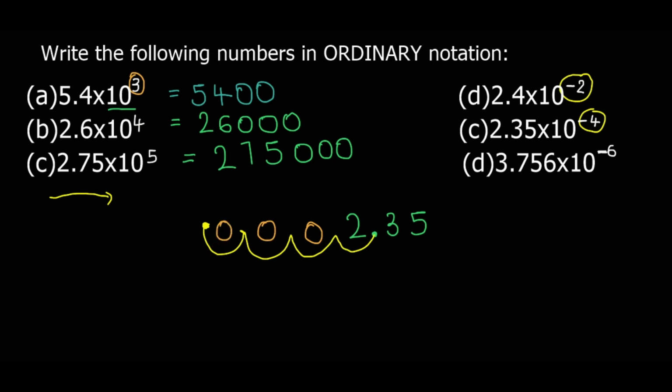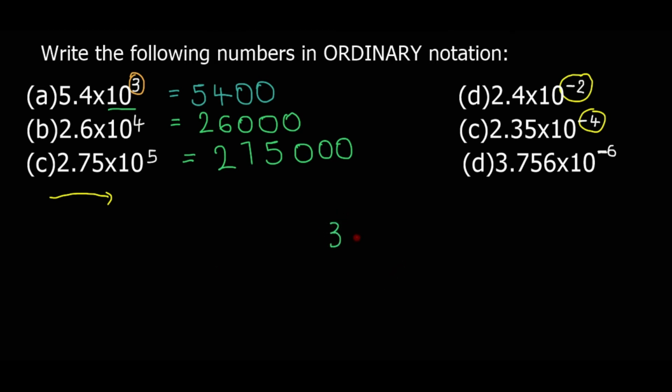This means we will have 0.0002335. So you can just add 0 at the beginning in this way, and then this is our answer for part C. Let's look at part D.